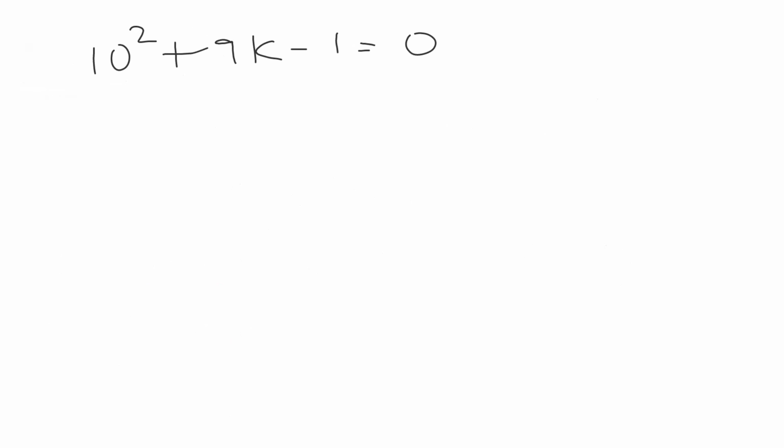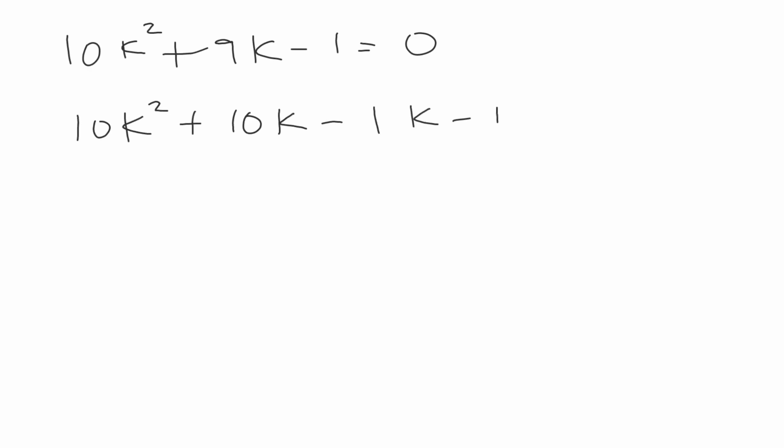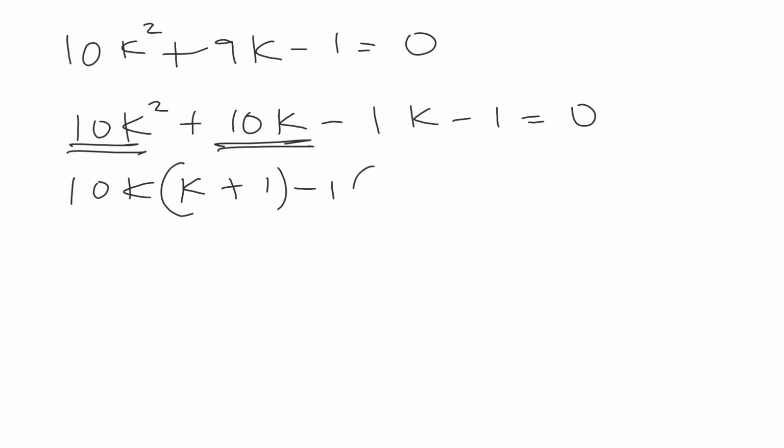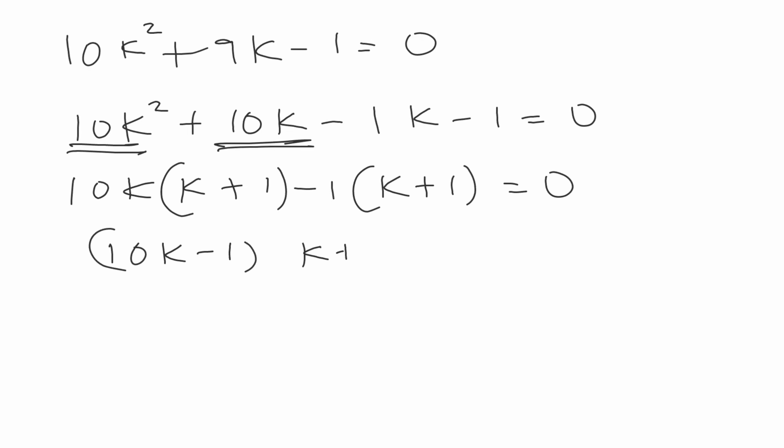Factorize this. The factors are 10 and 1. This is 10k square. So 10k square plus 10k minus 1k minus 1 is equal to 0. 10k, k plus 1. I'm taking 10k common from both. Minus 1, k plus 1 is equal to 0. 10k minus 1, k plus 1 is equal to 0.